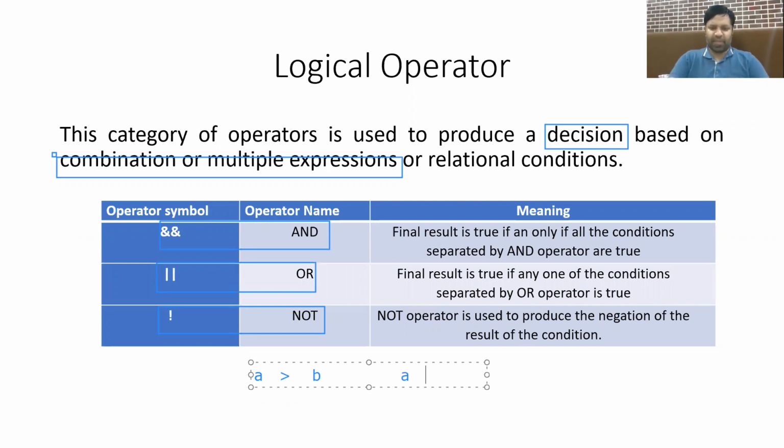The second expression is A is greater than C. So the first expression checks whether the value of A is greater than B, and the second expression checks whether the value of A is greater than C. Now I want to know if both these expressions are true. Means A should be greater than B and A should also be greater than C. Then I can use the AND logical operator in the middle.